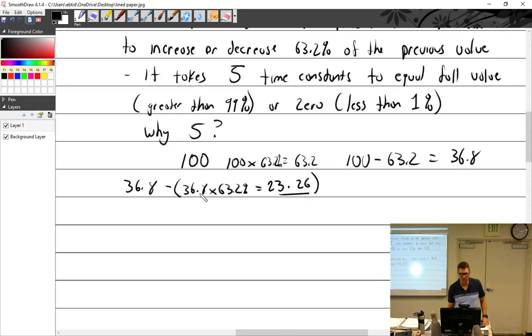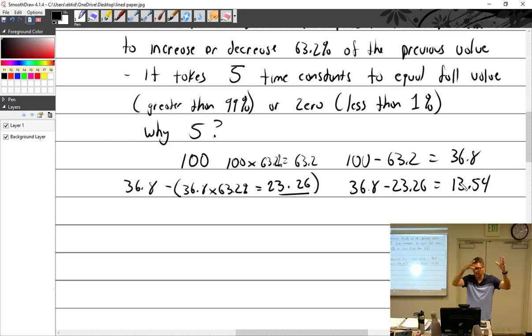So we have 36.8 minus 23.26 equals 13.54. Got it? The light got a little bit dimmer now.